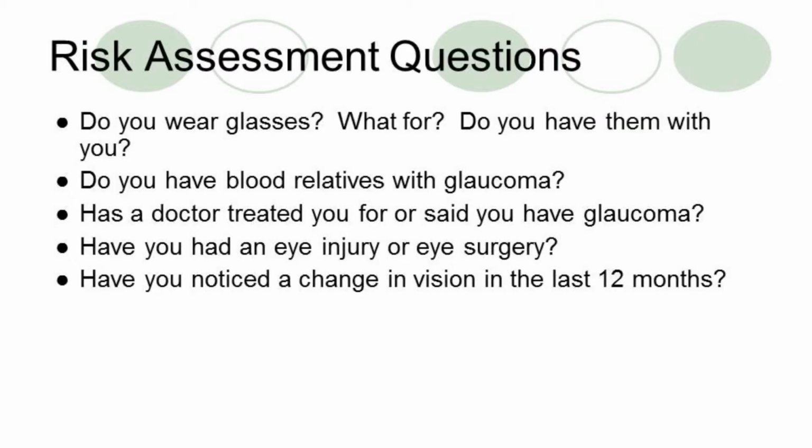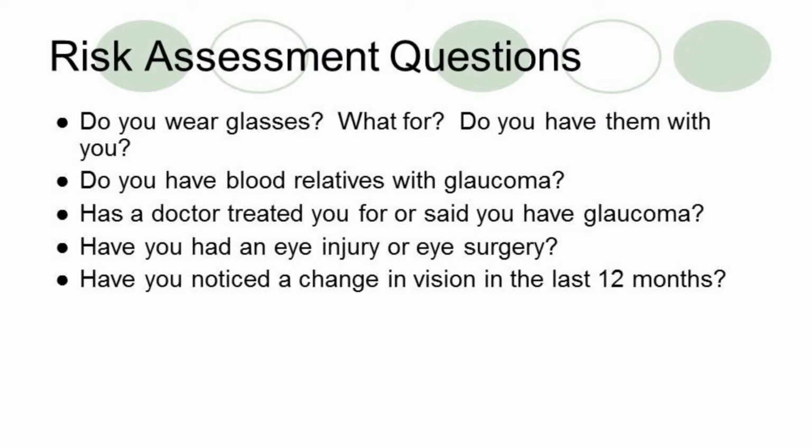On the registration form, there are a set of risk assessment questions, and you can look on the screen and see several of the questions that are asked, including, does the patient have any blood relatives with glaucoma? Have they been treated for glaucoma? Have they ever had an eye injury or eye surgery? And have they noticed a change in their vision in the last 12 months?